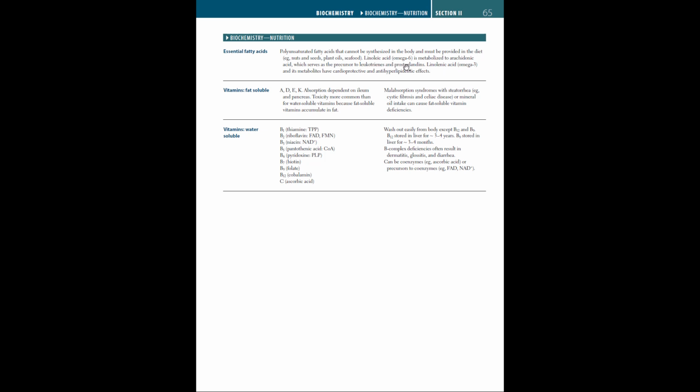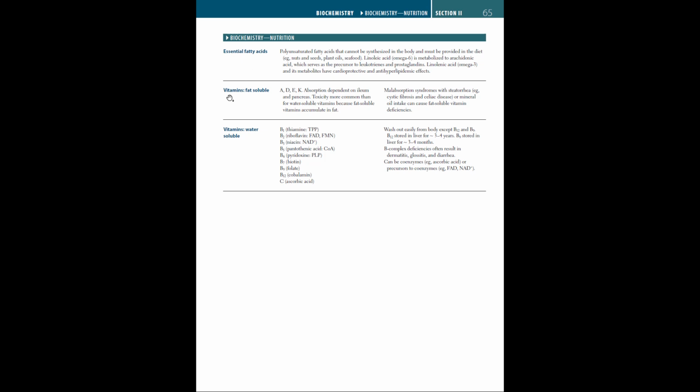Linoleic acid, or omega-6, is metabolized to arachidonic acid, which serves as the precursor to leukotrienes and prostaglandins. Linolenic acid, or omega-3, and its metabolites have cardioprotective and anti-hyperlipidemic effects. So omega-6 and omega-3 are very important, basically essential.